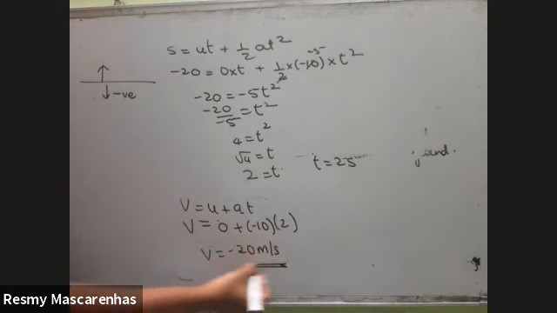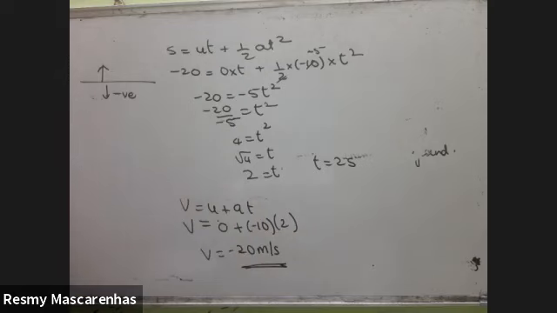So just before hitting the ground, it is minus 20 meters per second. So this is your velocity. Any doubts in this problem? You can ask. Next question.